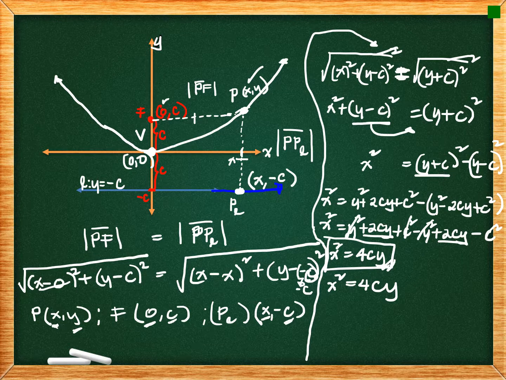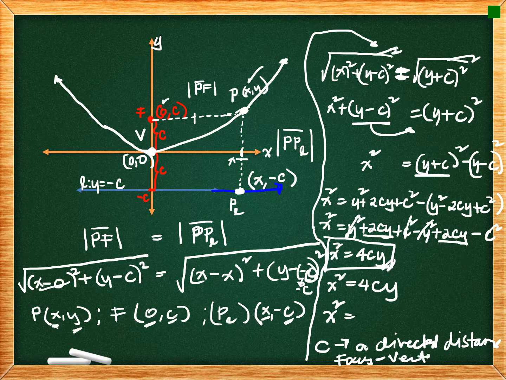We still have the same equation, only that our c becomes negative because c is actually a directed distance from the focus to the vertex. So it's from the focus to the vertex.